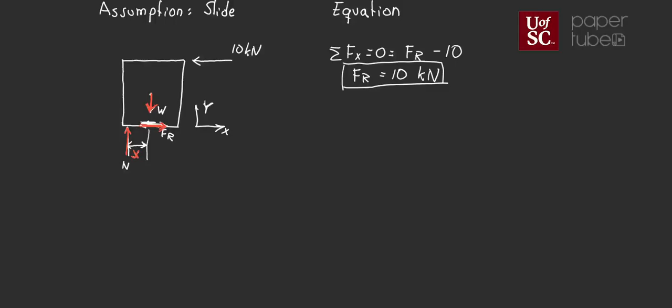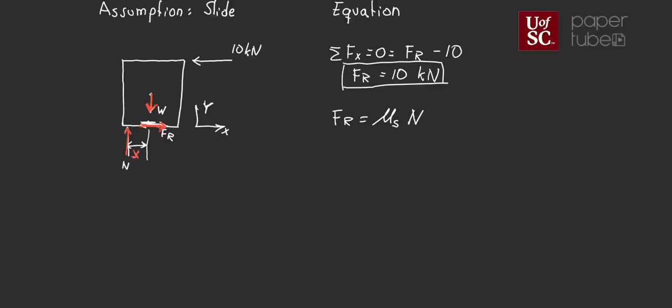The other equation I have is not an equation necessarily of equilibrium, but we know that our friction force, because we made the assumption of sliding, has to be equal to mu sub s times N. We have mu sub s, which is 0.3, right? Those coefficients of friction have no units.